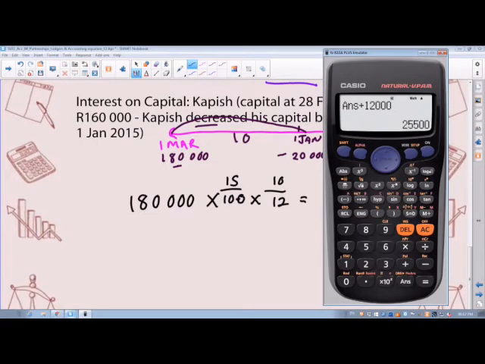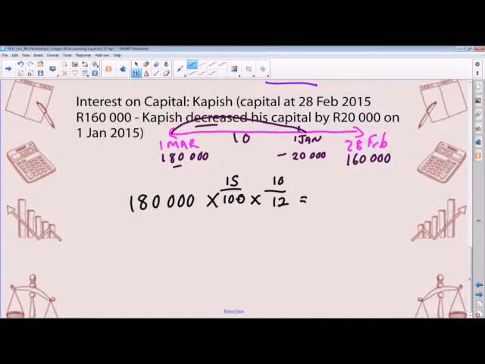So 180,000 times 15% times 10 divided by 12, and that gives us 22,500. So let's fill that in, 22,500. Right, for the next 2 months, remember his capital now decreased by 20,000. So for the next 2 months, he's going to receive interest on 160,000.